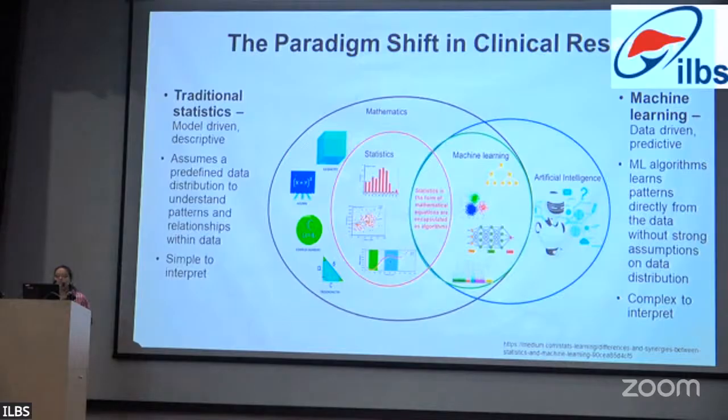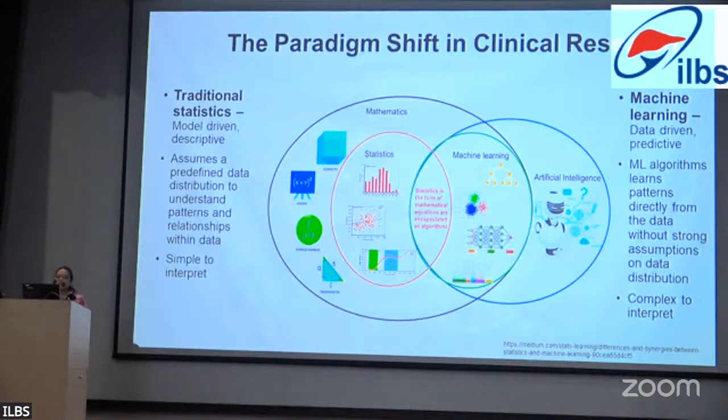We should understand a little bit. Traditional stats is model driven and descriptive. It mostly fits a moderate to small sample data set of homogeneous nature, and it's simple to interpret. Mostly it fits a linear model with the assumption of linearity, and it helps to understand a limited area of data, while machine learning and AI analysis have the capability to handle diverse modalities of data, from tabular to image to genomic.